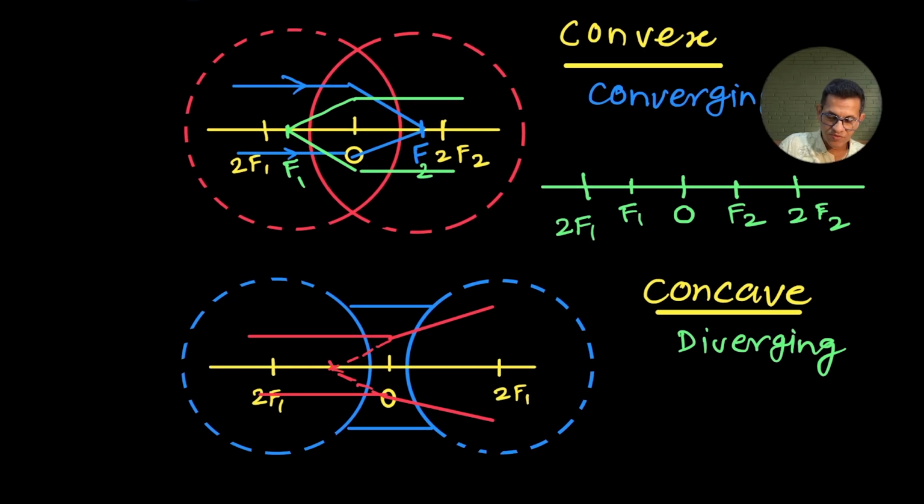And the point from where they appear to diverge is called the focus of concave lens.